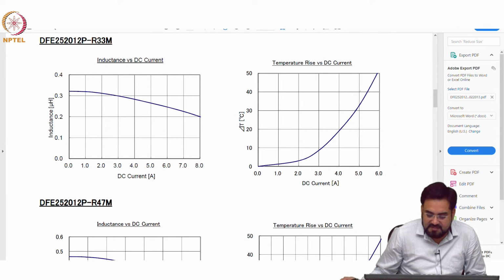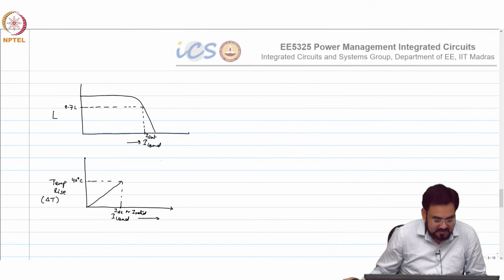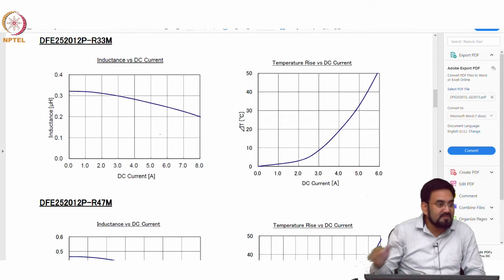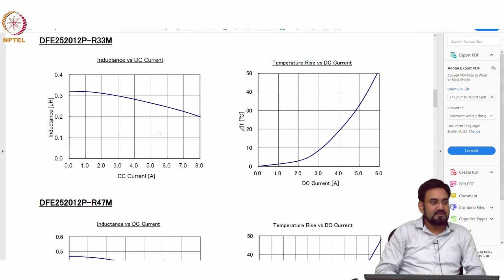So this temperature rise may still be okay, but in saturation there are two types. This is a soft saturation. You can see this curve is not that steep, what I have drawn here. So this is actually hard saturation, and this one is soft saturation. The hard saturation mostly happens if you have a magnetic core.